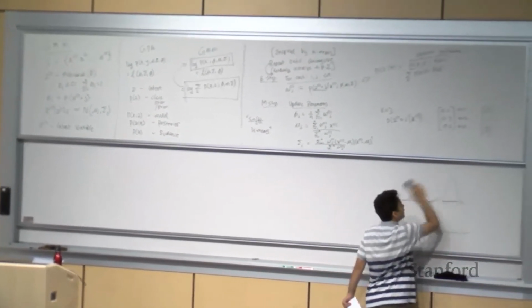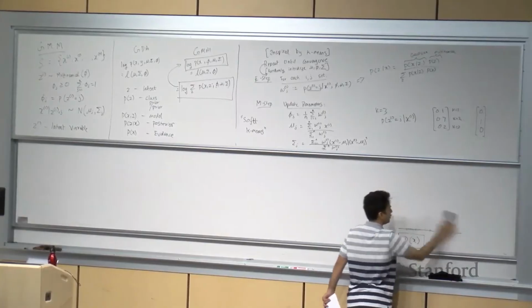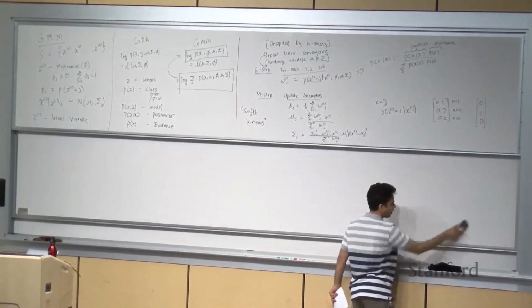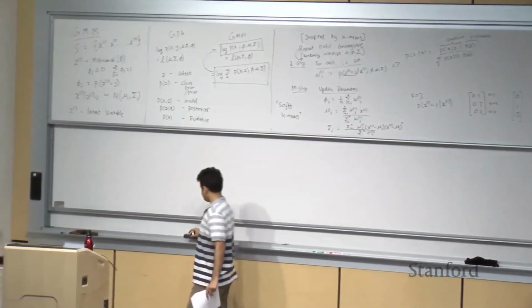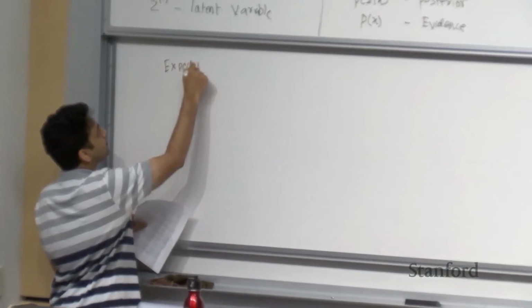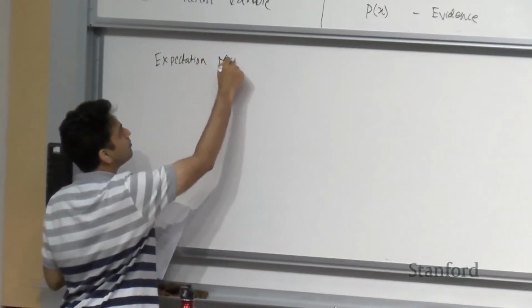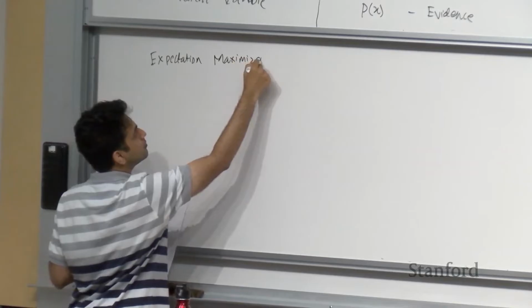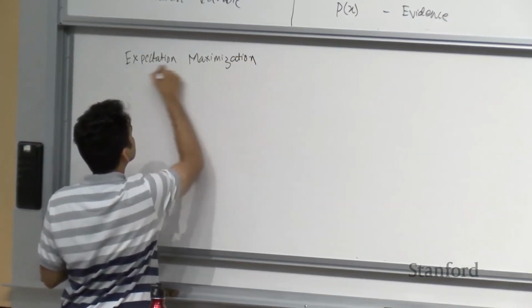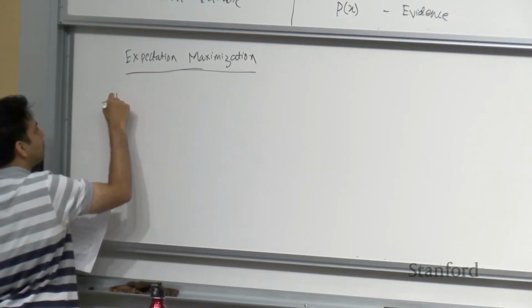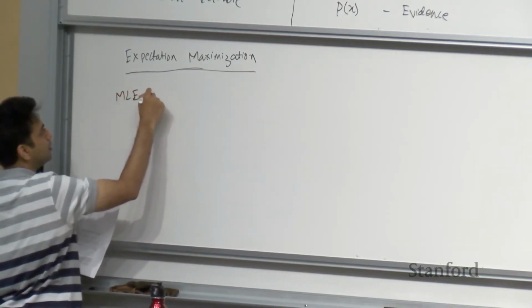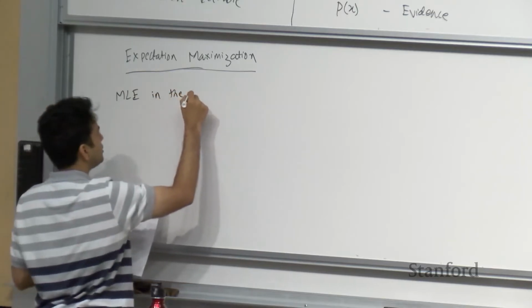It is used in cases where we have a functional form for the joint P of x comma z, and x and z could be anything, but z's are not observed. So expectation maximization is an algorithm where we perform MLE in the presence of latent variables.